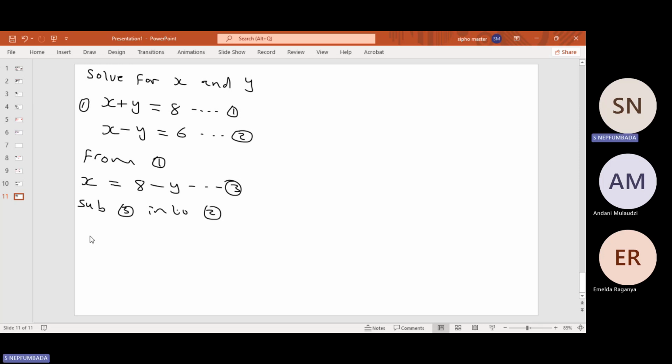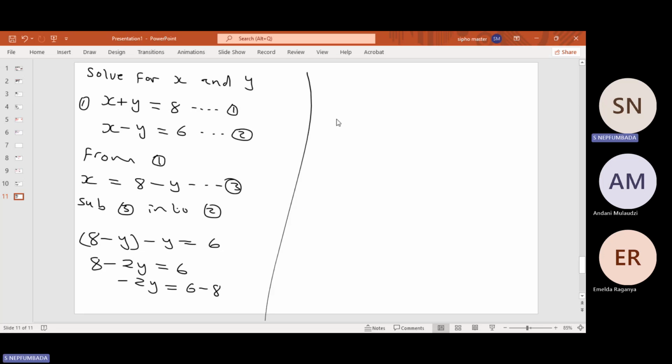Then it means where there's an x, we put 8 minus y. Remember in equation 2, we have x minus y is equal to 6. Therefore, 8 minus 2y is equal to 6. Minus 2y is equal to 6 minus 8.